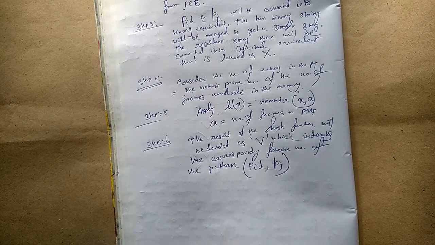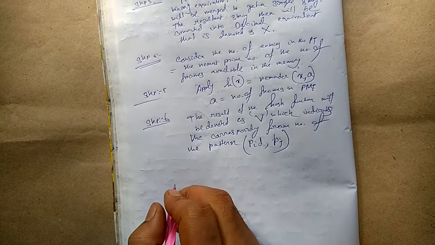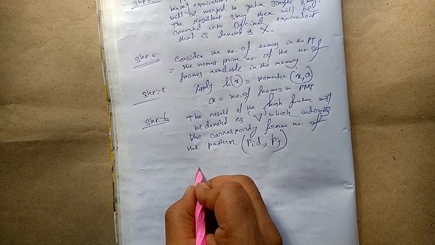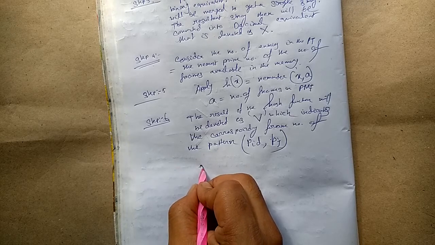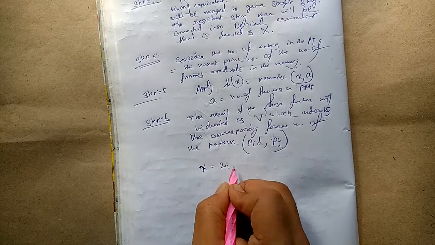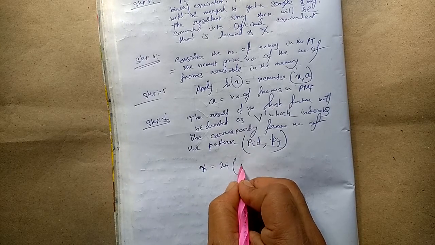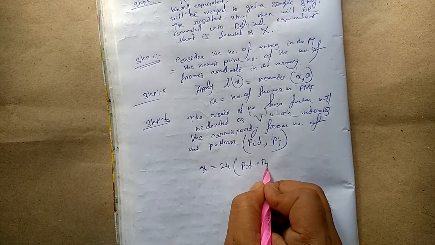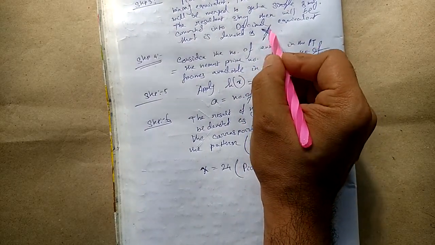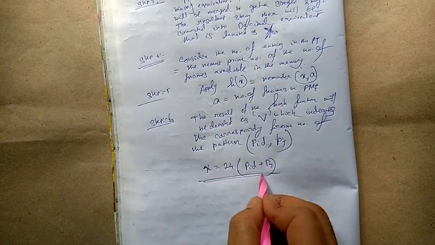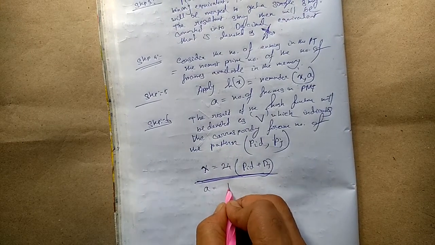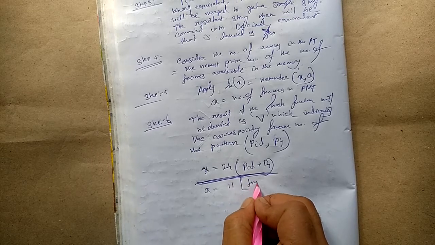Now we will see a numerical example. Suppose the value of X equals 24, that means PID plus Pj. Now the value of A equals 11, that is the frame number.